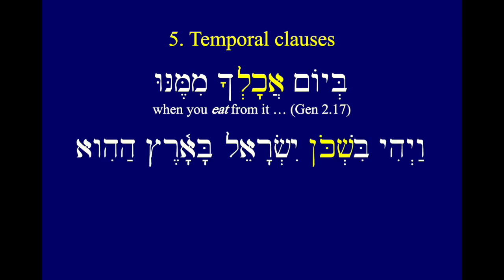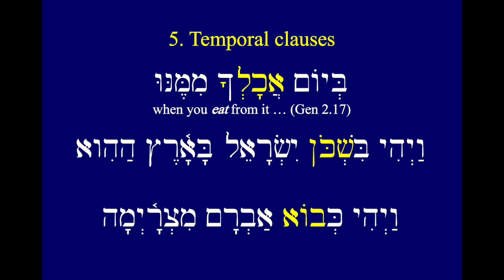So here, Vayhi Bishkon Yisrael Ba'aretz Ha-hi. So, and it happened when, like ba can mean on or at, and temporally it can mean at the time of, when the dwelling, shakan, to tabernacle, to dwell, of Israel in the land, ha-hi, remember he means she, in that land. Or vayahi kavo Avram Mitzrayma.